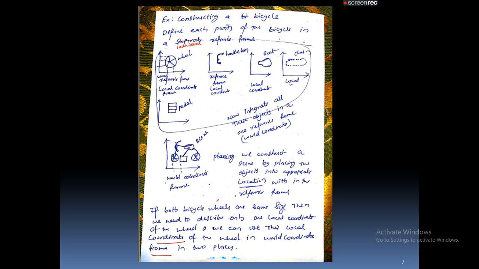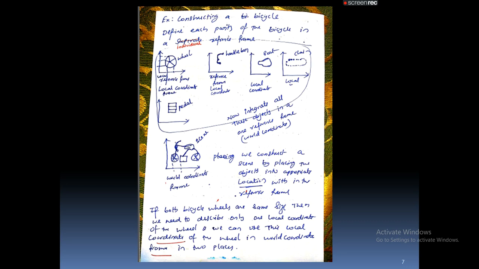What I did was divide that bicycle image into various sub objects, called geometrical primitives. Next I specified the position of every sub object in a two-dimensional plane.